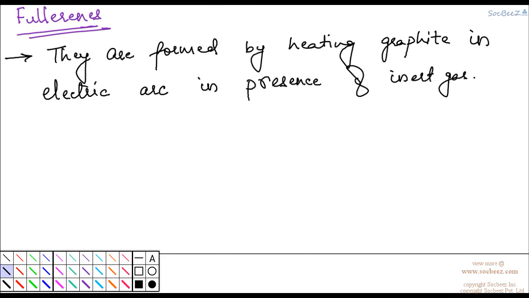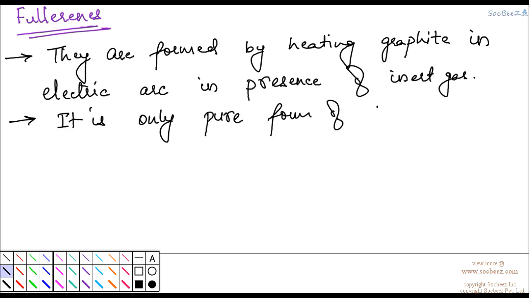So this is how fullerene is formed. Now it is, you can say, the only pure form of carbon. So what do I mean by this word, only pure form?